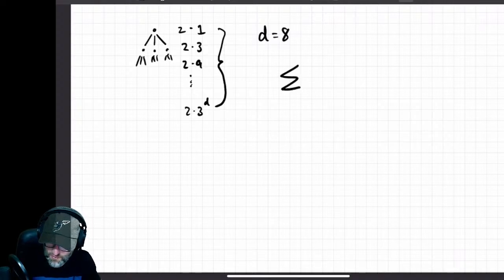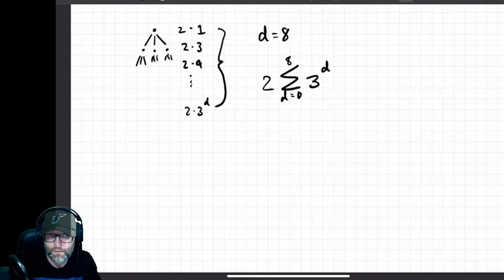All you have to do is put it into an expression here: D running from 0, depth 0, up to 8, of 2 times 3 to the D, divided by 2, which will end up being canceled. I'll leave it at that.